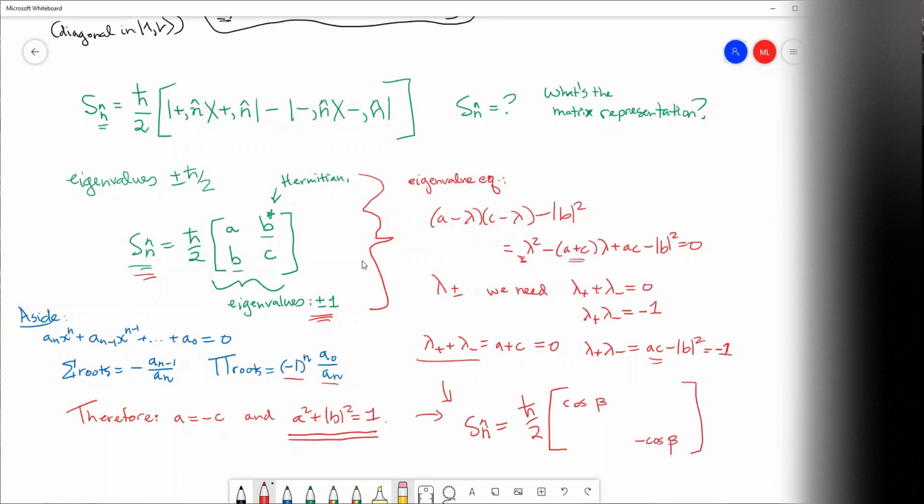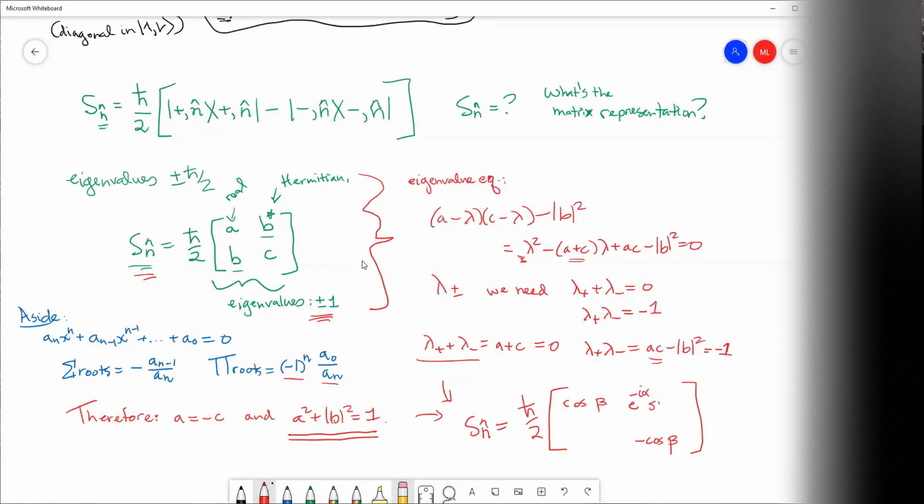And then over here, we know that b is in general complex. A and c must be real again because it's a Hermitian matrix. But the off-diagonal pieces can be complex. So we do the usual thing, we introduce a possible phase.